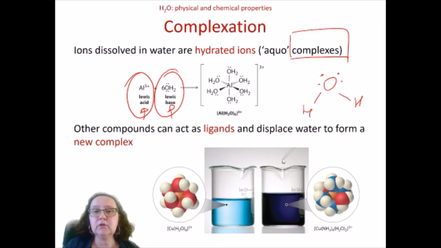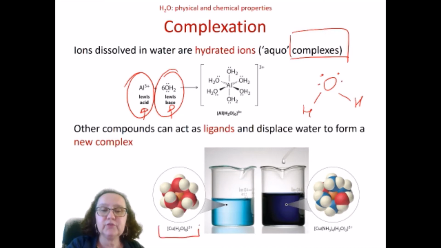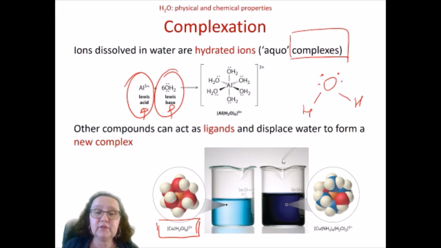It's not only water, for example. You can have other compounds that have electrons that can be donated, surrounding that metal ion. For example, I have here a picture in which you have copper dissolved in water, copper with 2 positive charges, and it is surrounded by 6 molecules of water.